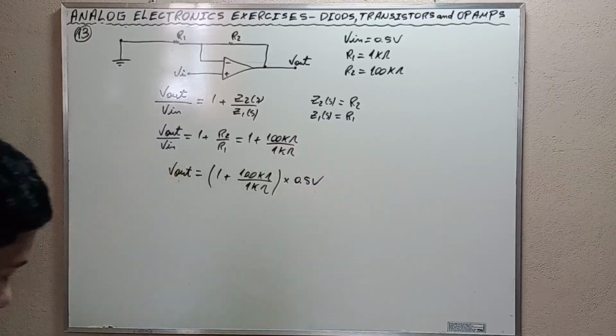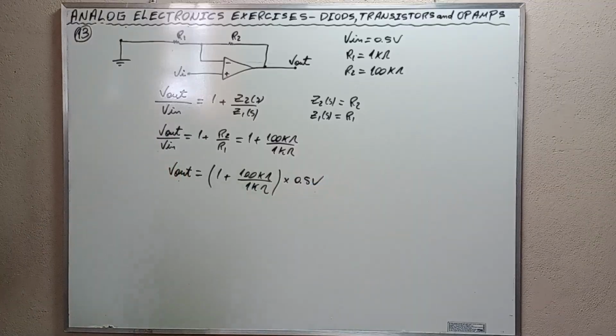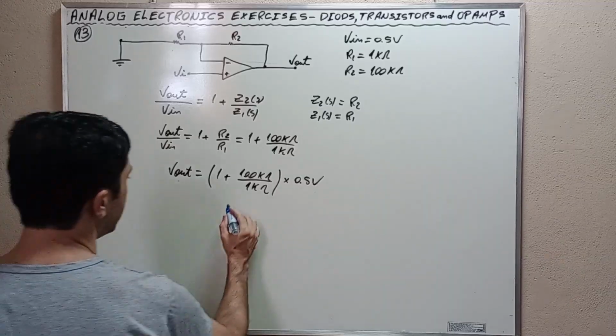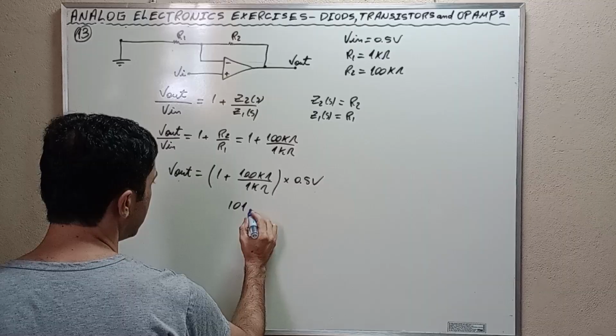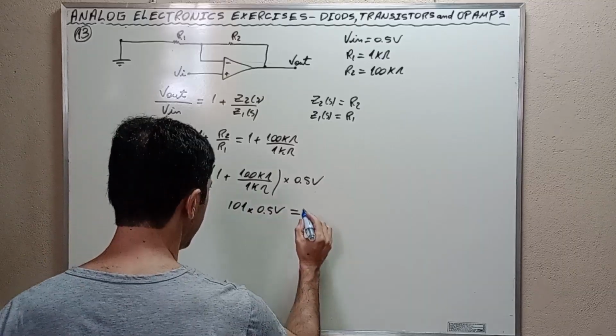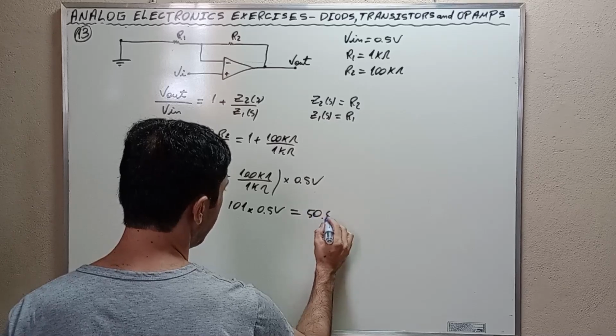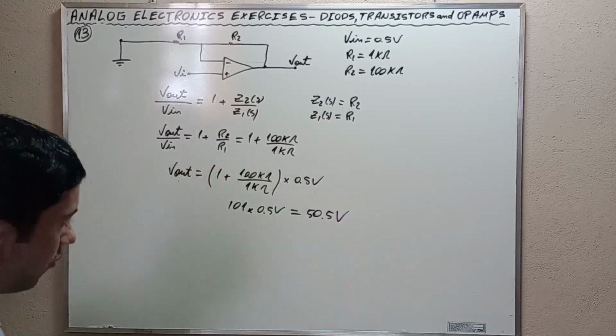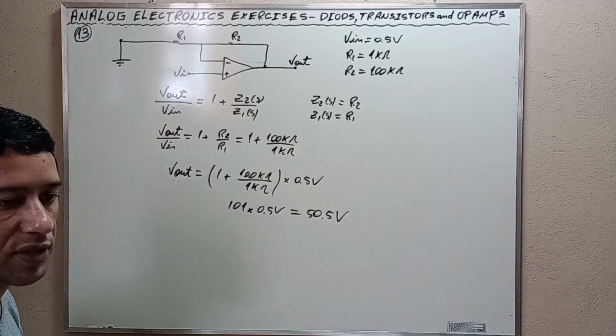When we calculate this, this is going to be 101 times 0.5 volts, and this is equal to 50.5 volts. Okay, my friends, this is the last exercise.